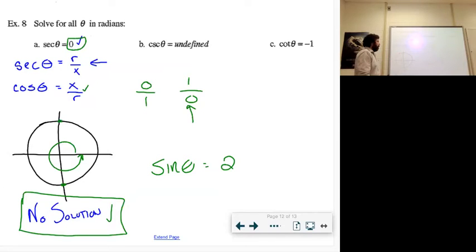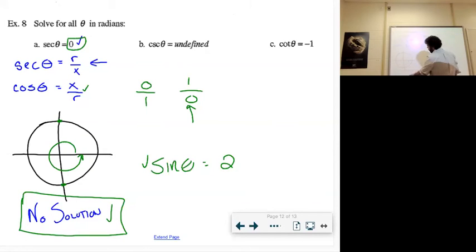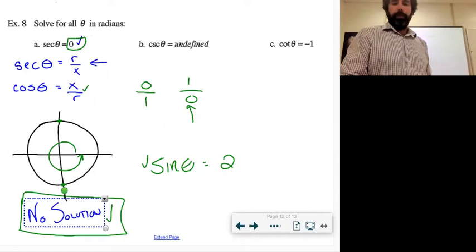Since this is saying sine theta equals 2, there's no way you would get a y coordinate value for any angle that's larger than 1 or smaller than negative 1. So again, this piece about sine is not the same thing, but it's just trying to help you make the connection between when you have an undefined value or not. If you get stuck on that, come by and visit and we'll talk about it. I'll try to give you another visual to make sense of it.